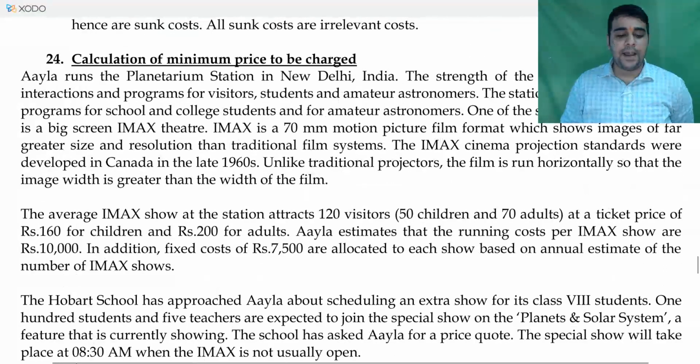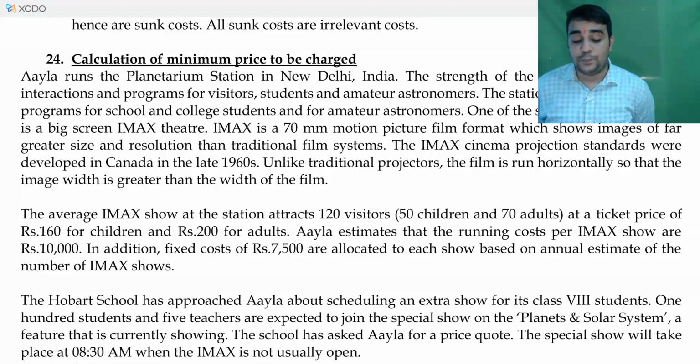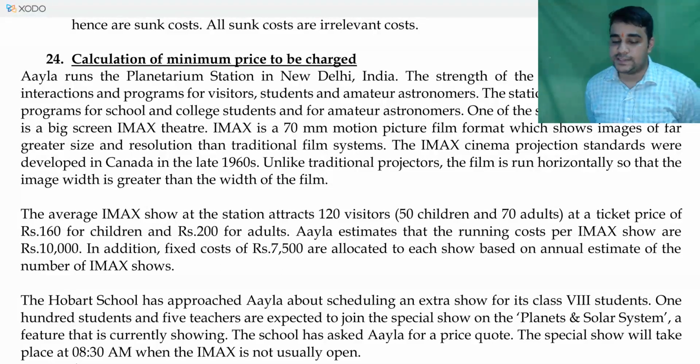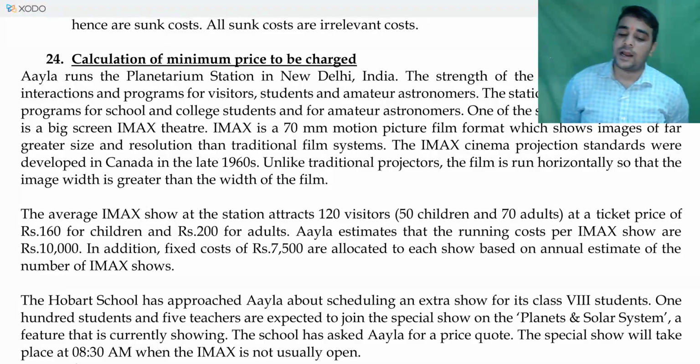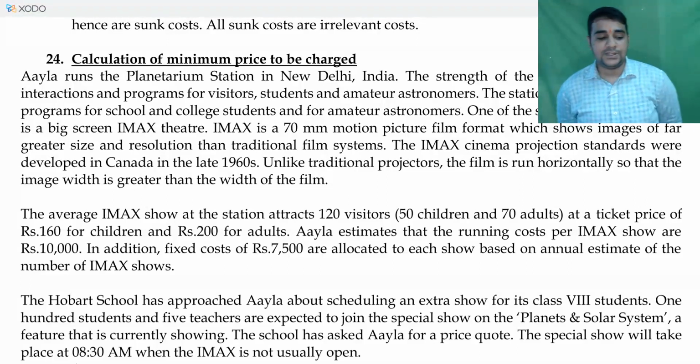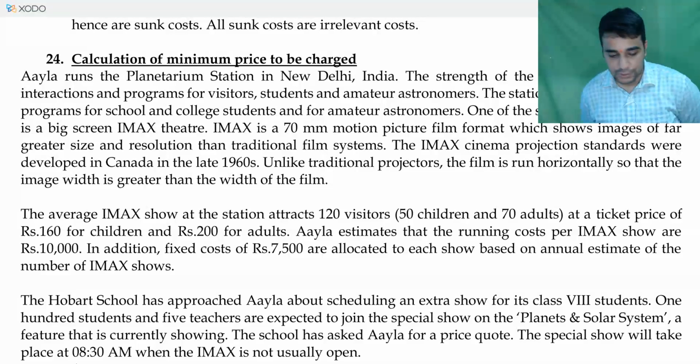The average IMAX show at the station attracts 120 visitors at a ticket price of 160 per child and 200 for adults. ILA estimates that the running cost will be 10,000. In addition, fixed costs are allocated to each show based on an annual estimate of the number of shows.